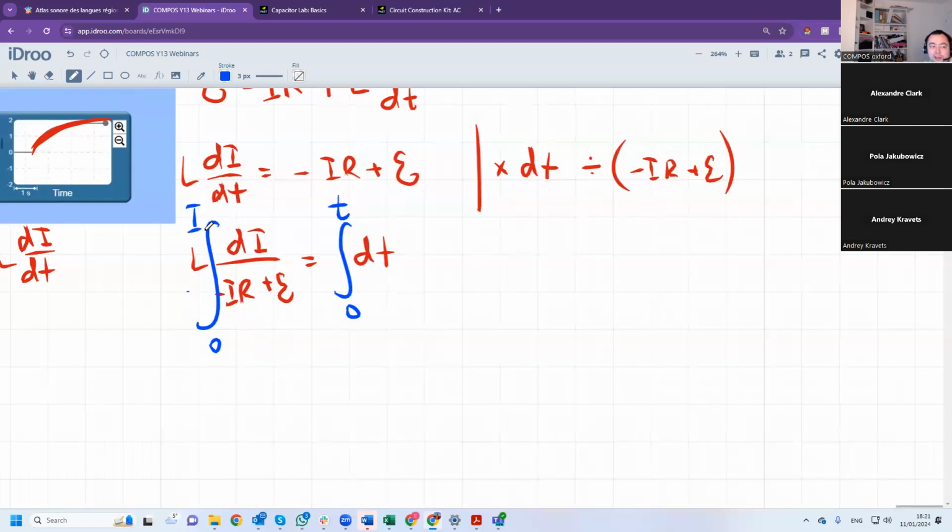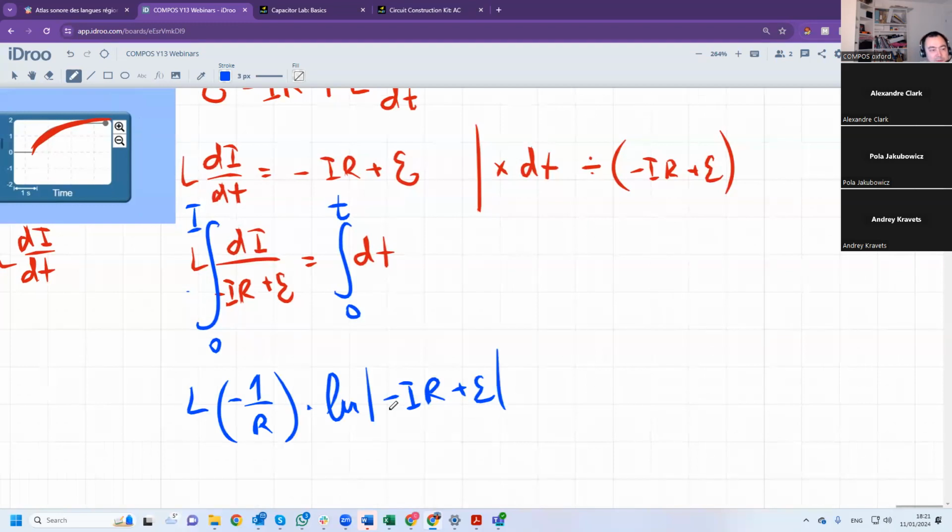Current changes from 0 to I, and time changes from 0 to t. And so L, and then if we integrate that, it's going to be minus 1 over R multiplied by logarithm of minus IR plus EMF between limits 0 and I equals t. If we integrate that, it's t.